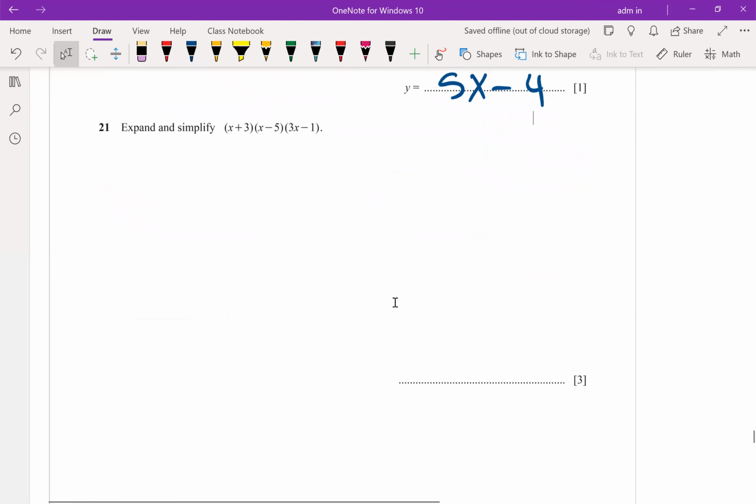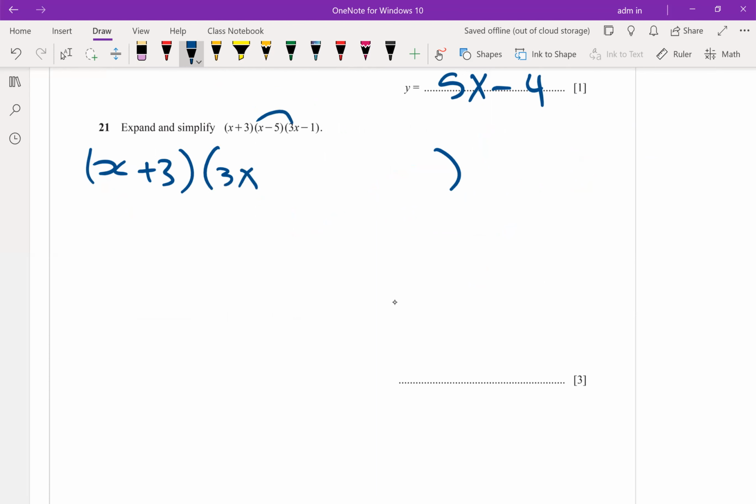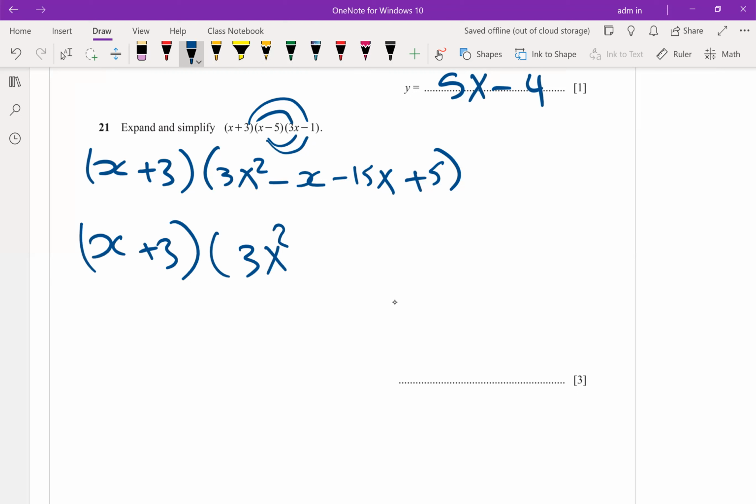Question 21. We have 3 brackets. Which first do we have to start with? Any 2 brackets. If you keep the first one, x plus 3, and expand the second and the third, simplified, x multiplied by 3x, 3x squared, x multiplied by minus 1, minus x, then minus 15x, then plus 5. Simplify: x plus 3, 3x squared minus 16x plus 5.